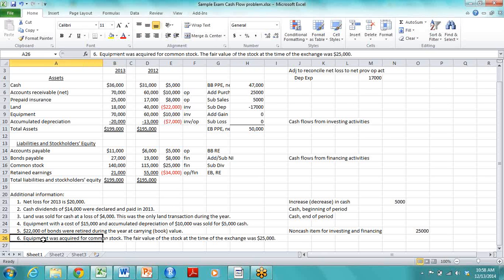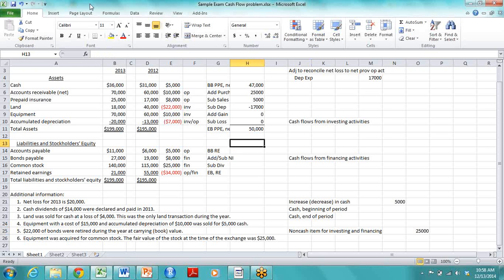Because here we're giving our own common stock in exchange for equipment. No cash is changing hands, and that means we just have to disclose it at the bottom of the cash flow statement. Now, if for some reason I had purchased this equipment for cash, then I would list it under investing. Because if I paid cash for it, it's going to impact my cash flow statement.